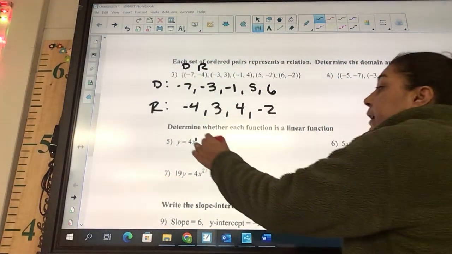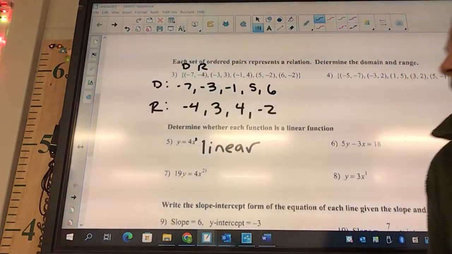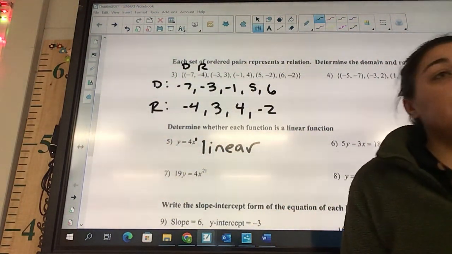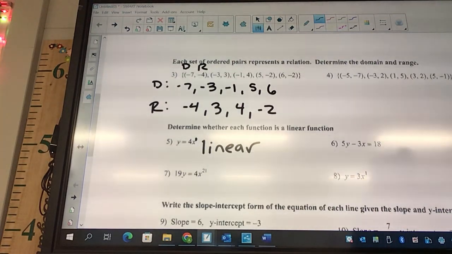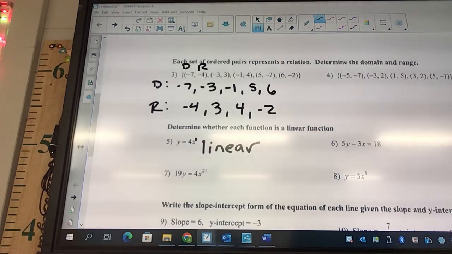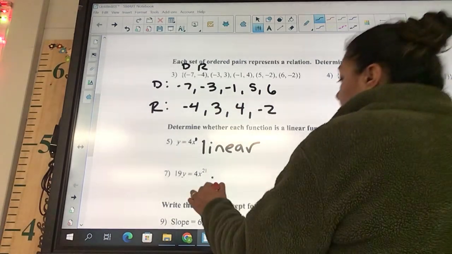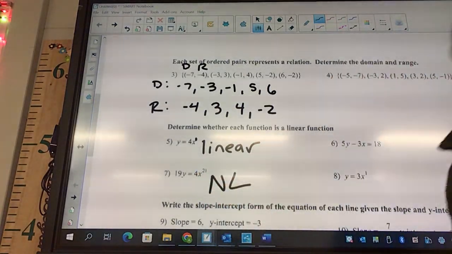That's linear, because it's below a 2. You can write L. If it's below 2, it's linear. If it's 2 or higher, it's non-linear. Look at 7. What's on the x? 21. So is that linear or non-linear? Non-linear. I'm just going to put NL.